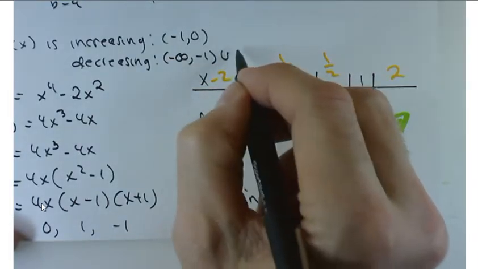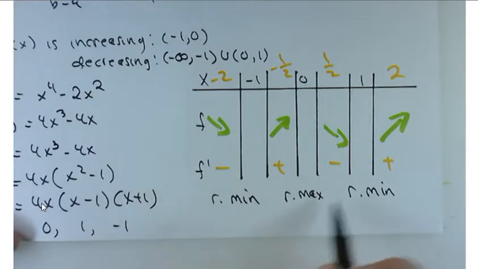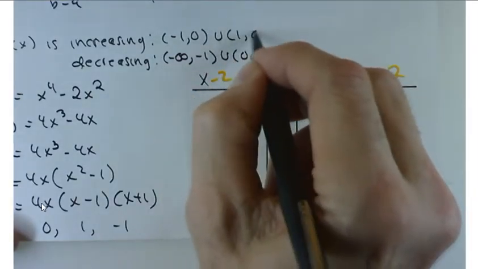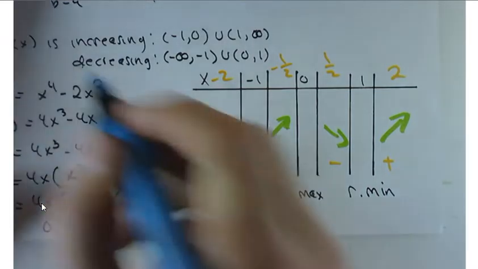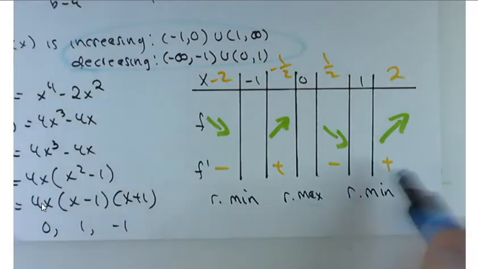So union 0 to 1. And finally, it finishes up by increasing from 1 to infinity. So as far as the problem is concerned, as far as the book is concerned, this is the answer that they're looking for. This was just kind of a little bit of a bonus, but I like this style of table because it helps you understand a lot about the function.